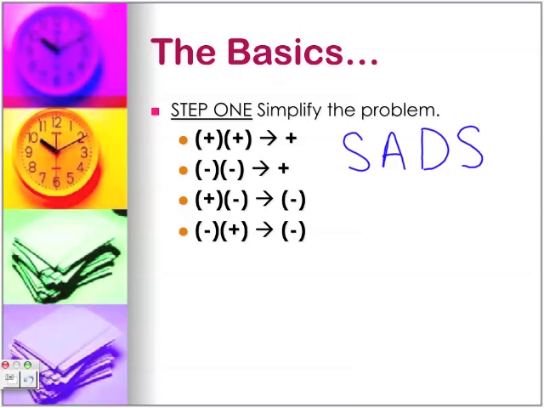Yeah, you guys, we're coloring. So basically SADS stands for all of this. If you have same signs, it turns into a positive. Different signs turns into negative. We'll subtract.